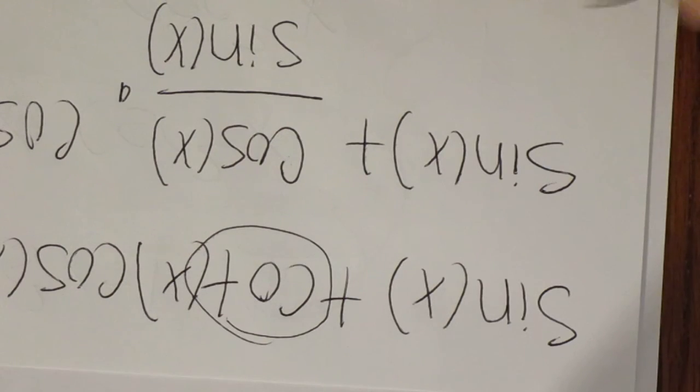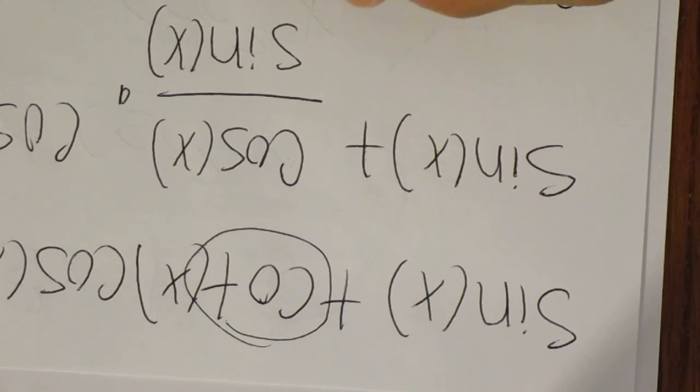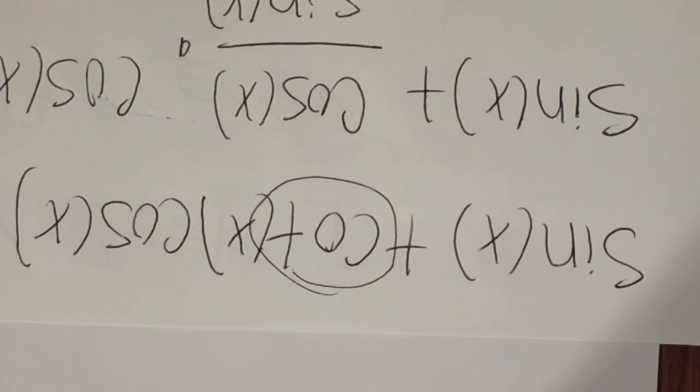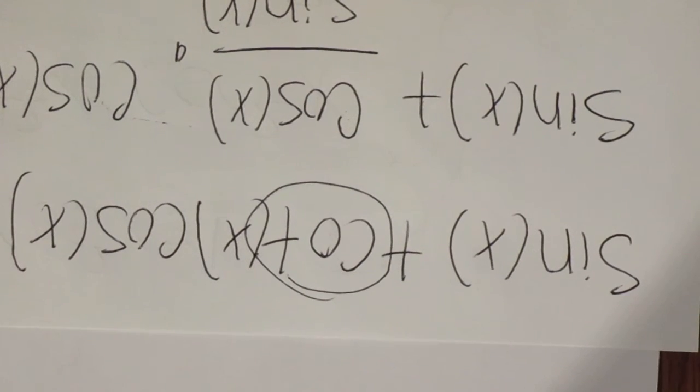So it's sine of x plus cosine square x over sine of x, because these two multiply.